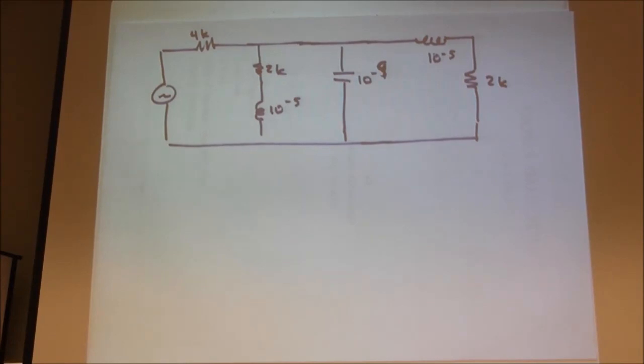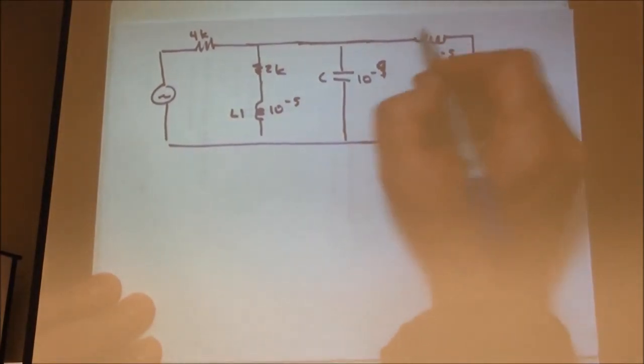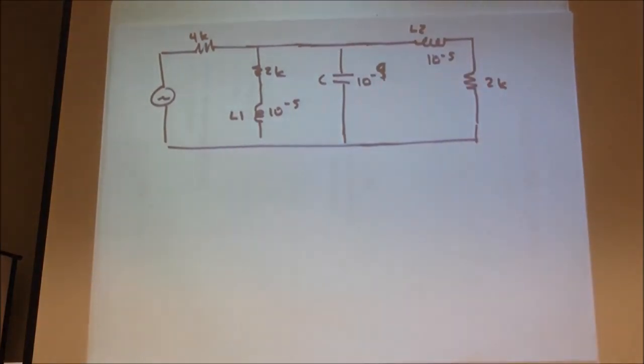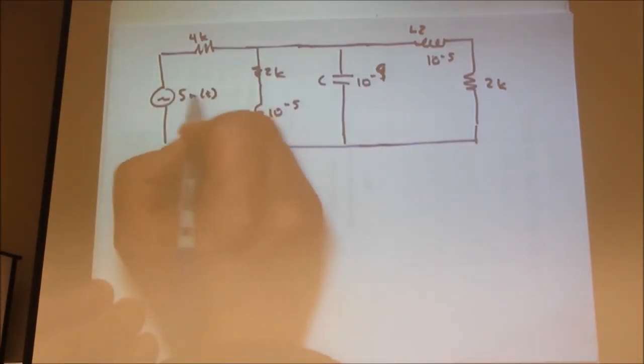And so L1, L2, C, we have to find our initial conditions here. How do we do that? Well, our source is 5u of t.